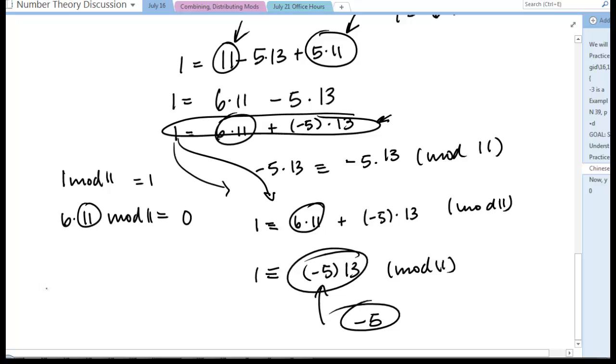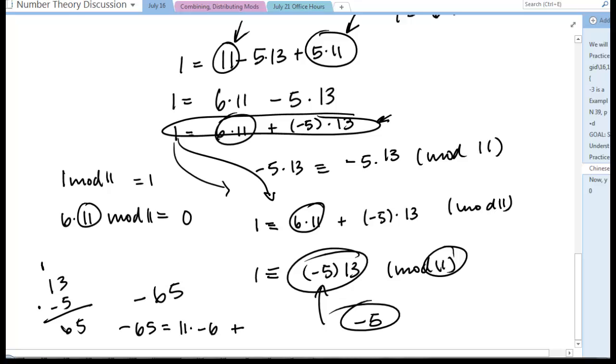And if you notice, if you take 13 times negative 5, you get negative 65. So if I think about mod 11, negative 65 is equal to 11 times negative 6 plus 1.